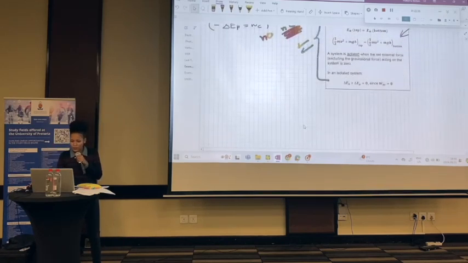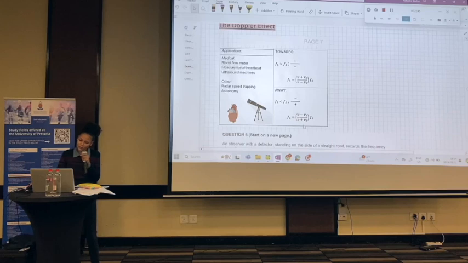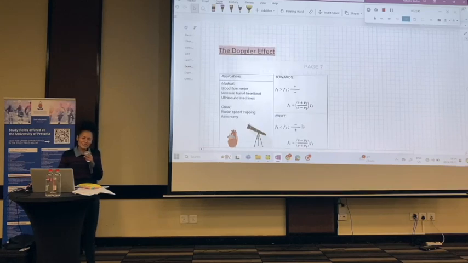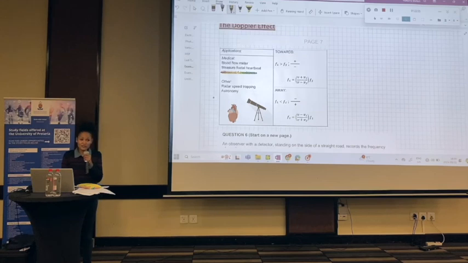Alright guys, I'm going to move on to the Doppler effect. I don't have much to say on it except, on page number 7, please cancel this. If they ask you what we use the Doppler effect for, please do not say ultrasound machines, cancel that.